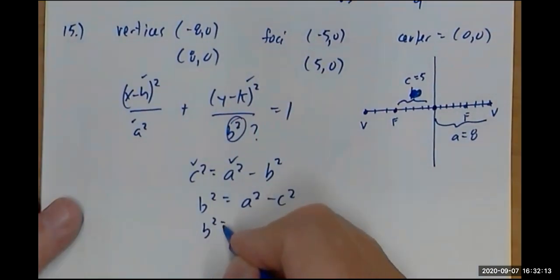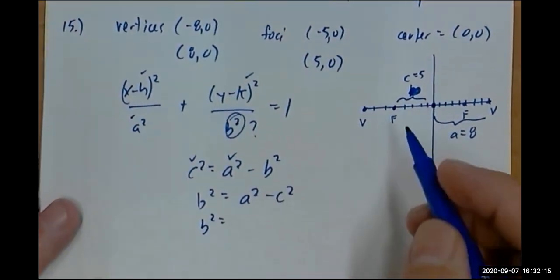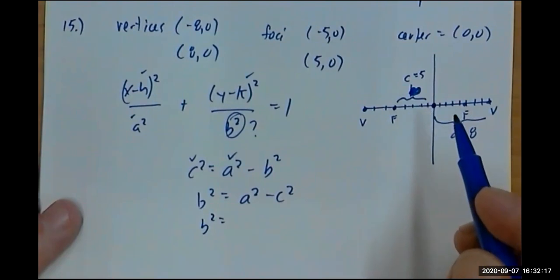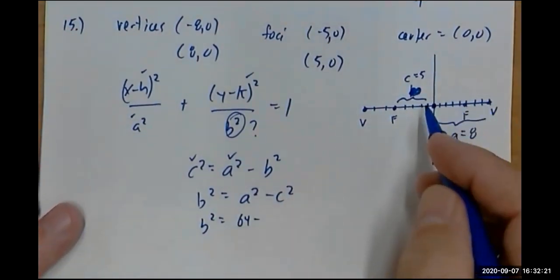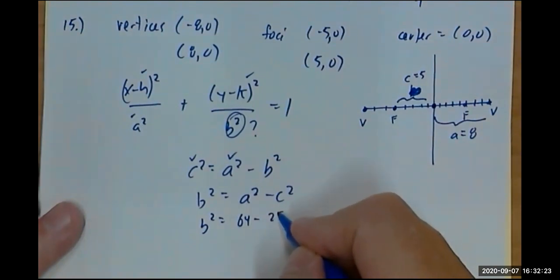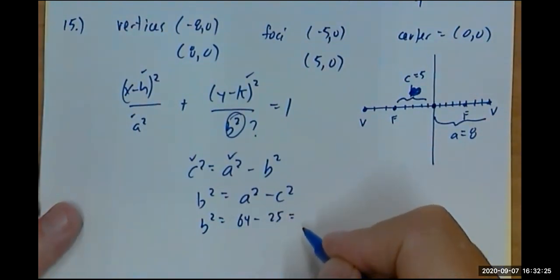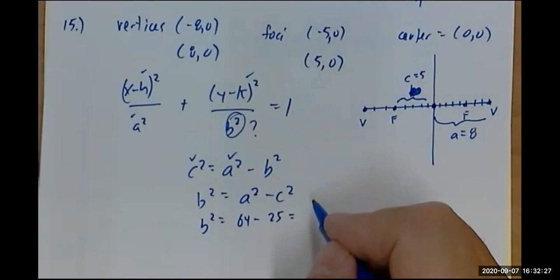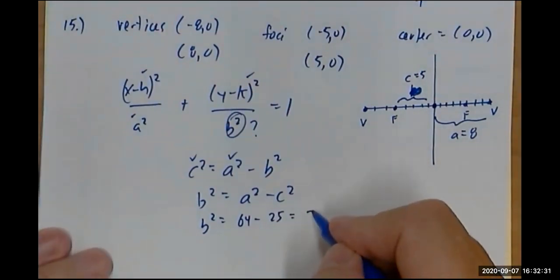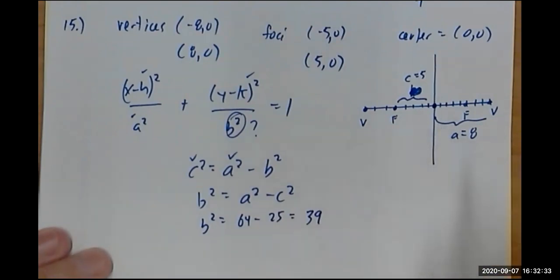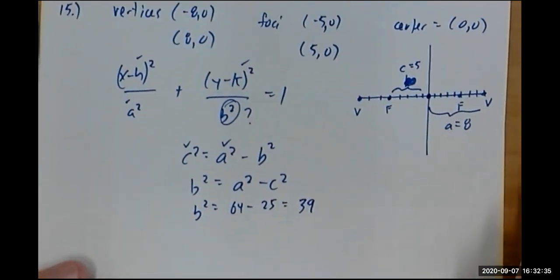So B squared, A is 8, we square it, 64. C is 5, we square it, it's 25. Looks like B squared is 39.